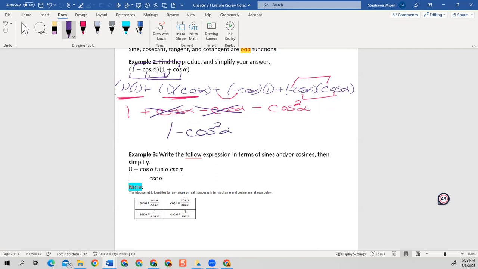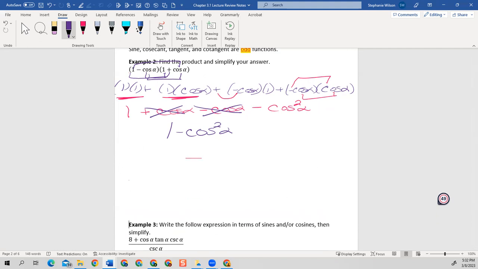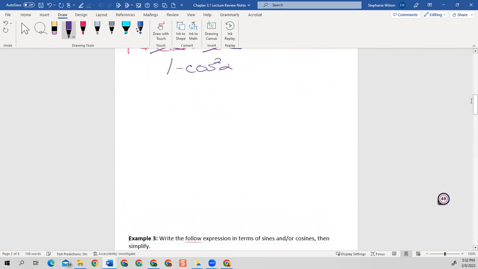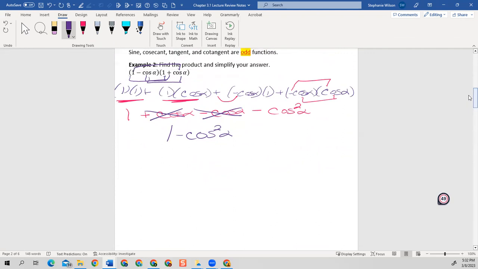And if we go back up to our identities, we can determine what it is equal to. Let me give myself some space right here. So when I go back up to the identities, I can use the Pythagorean theorem's identity, where it says that we get sine squared, and I'm going to put alpha instead of x, plus cosine squared alpha is equal to 1.